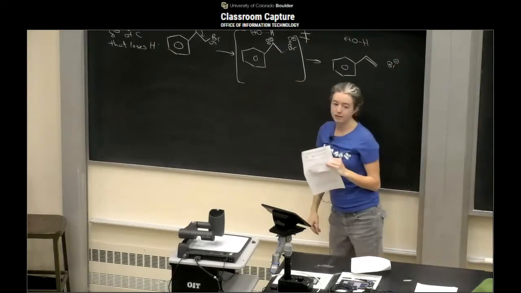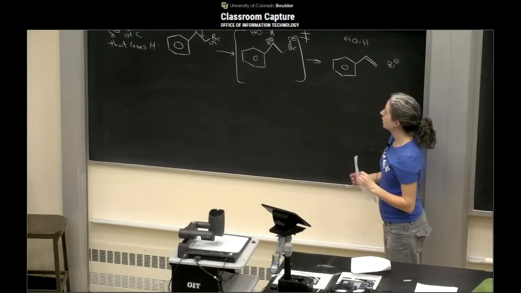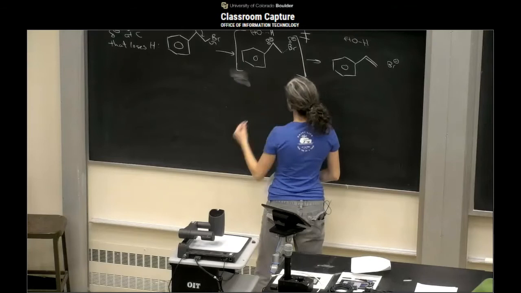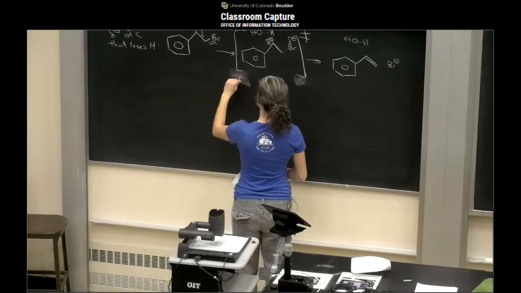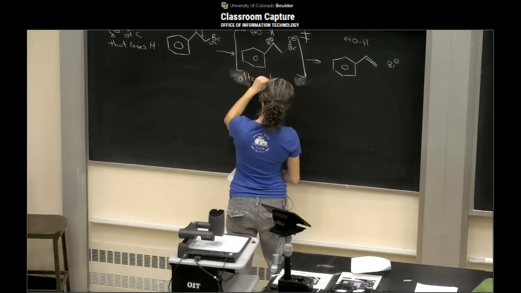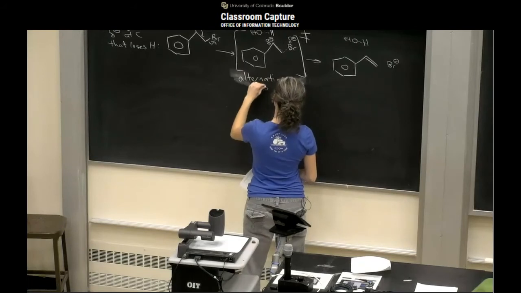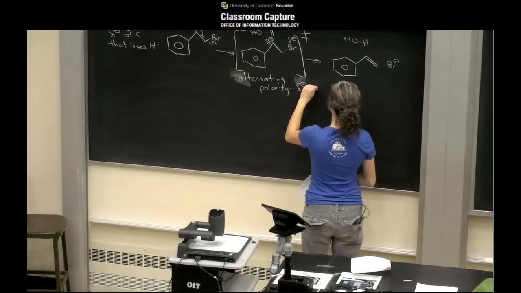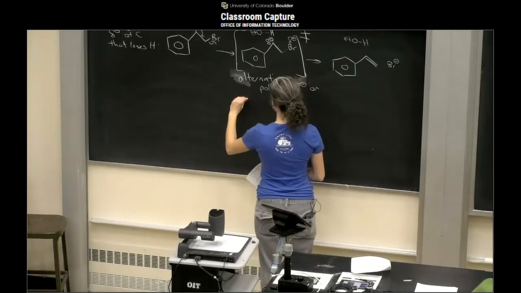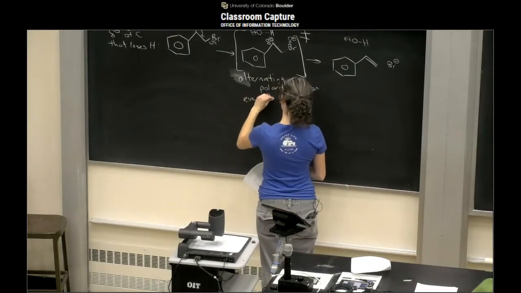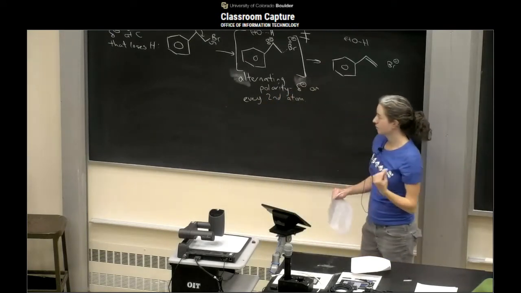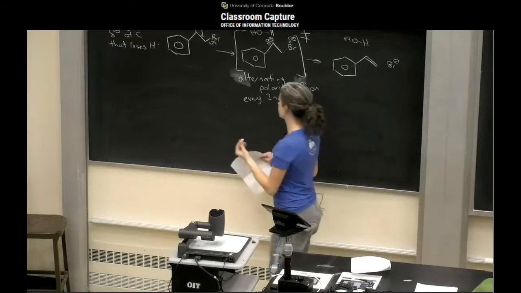So I guess we have seen a little bit of this where... Let me write this up. So alternating polarity, where we have delta minuses on every second atom. This is actually a really common pattern which we've seen in a few other reactions.